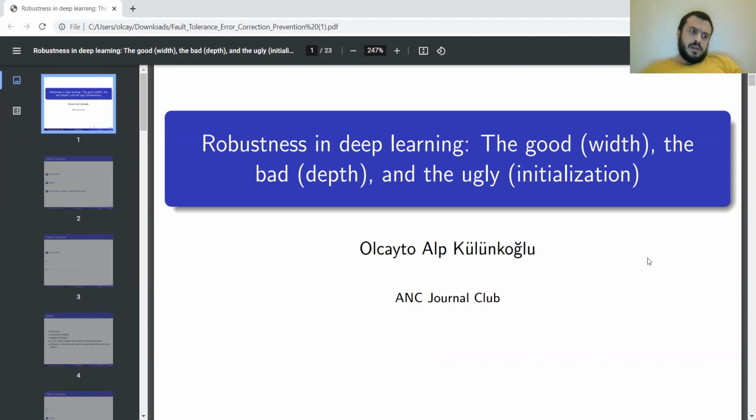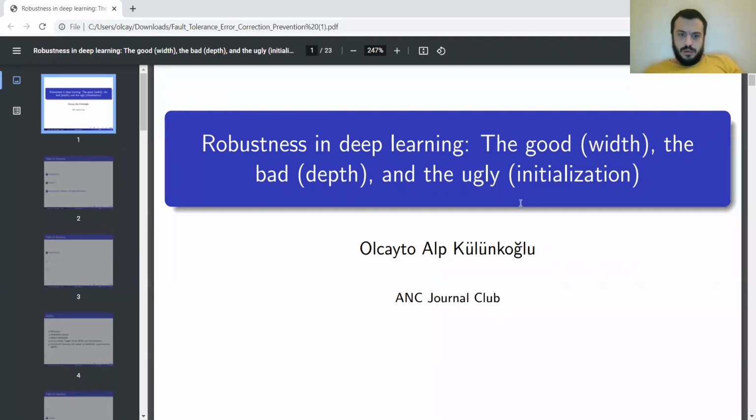In this paper, it was the neural tangent kernel. So this comes up after a suggestion that has a contrasting result with the last presentation.